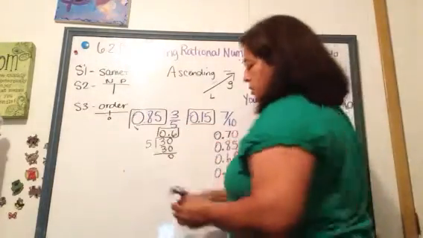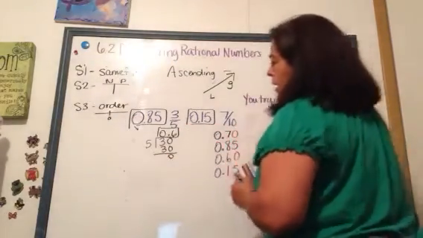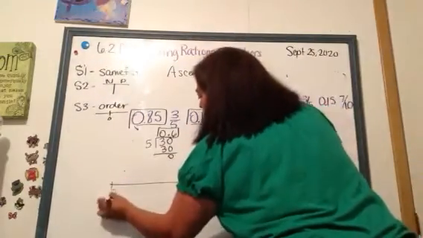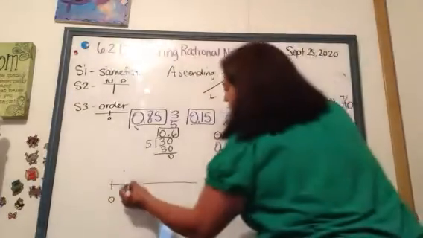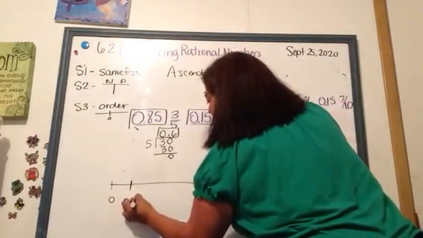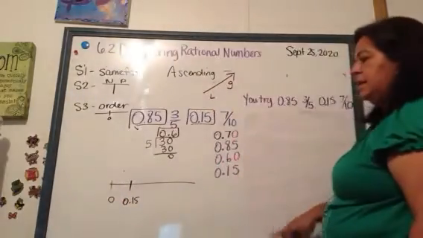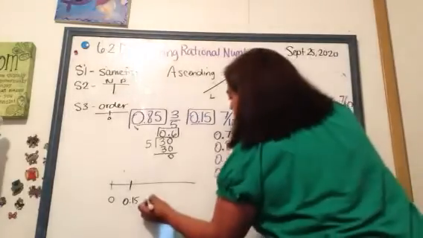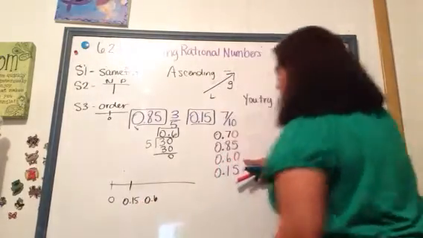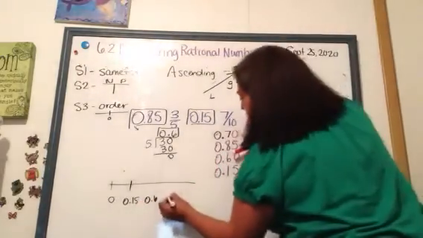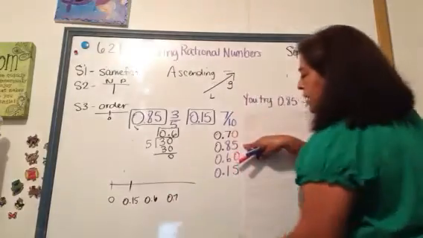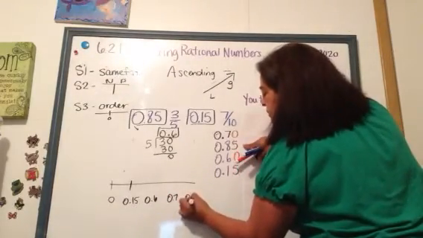So again, I'm going to use my number line, and I'm going to put them in order. So I have 15 hundredths. The second amount would be 6/10, 7/10, and then 85 hundredths.